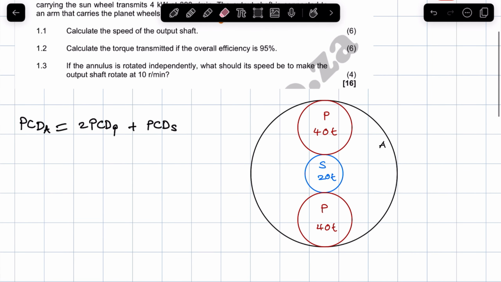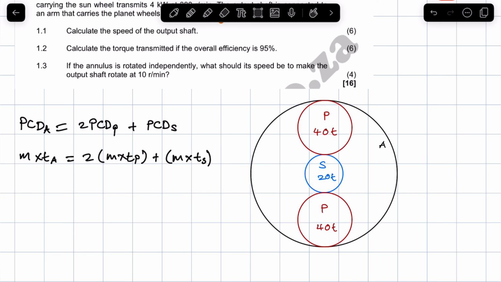Now we can further simplify this by using the formula of the PCD. We know the PCD is equal to the module times the number of teeth, so this is equal to 2 times the module times the number of teeth of the planet plus the module times the number of teeth of the sun.